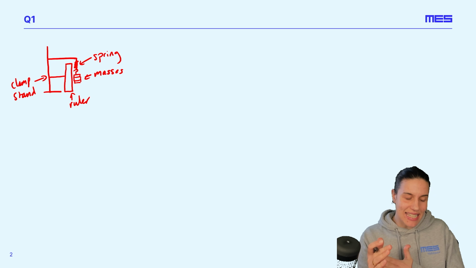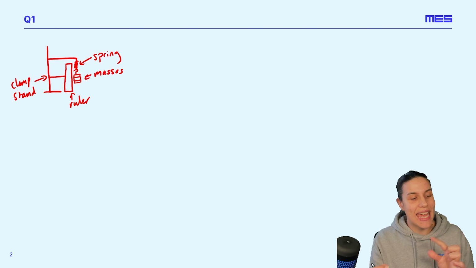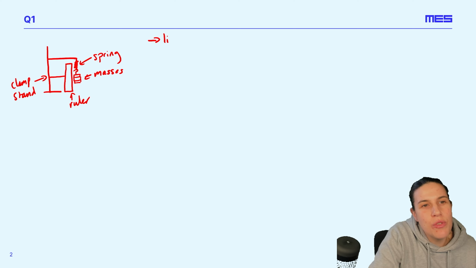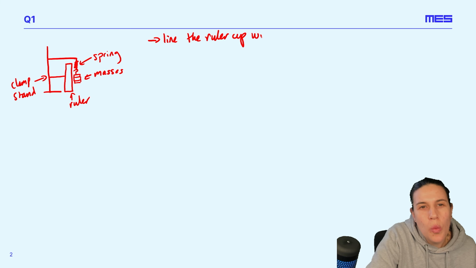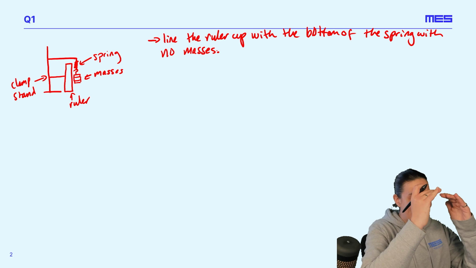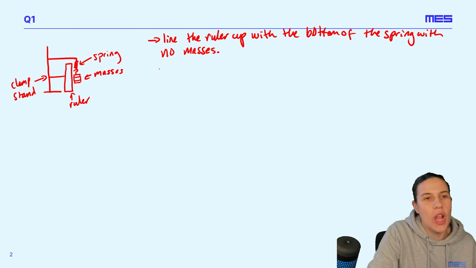I can either say that I'm going to measure the initial length of the spring, the final length of the spring, and take the 2 away from each other, or I can say, like I've done in here, that I'm going to line the ruler up with the bottom of the spring with no masses. Then that means that when it extends, I can measure the extension straight off that ruler, okay?